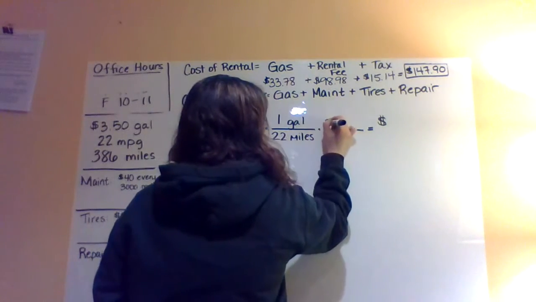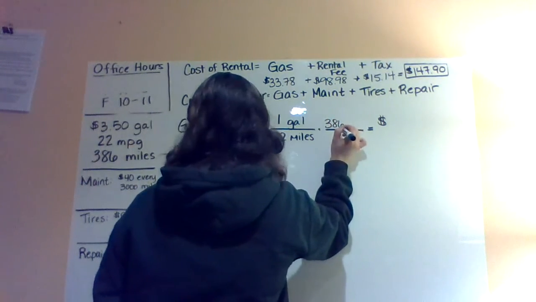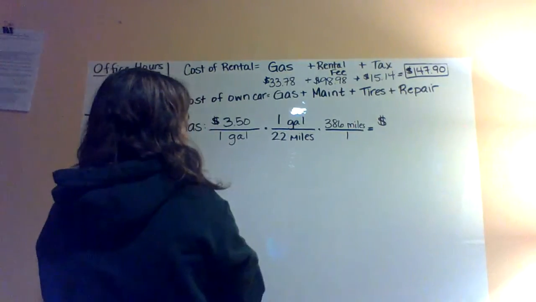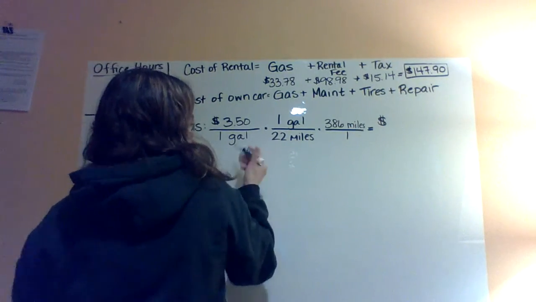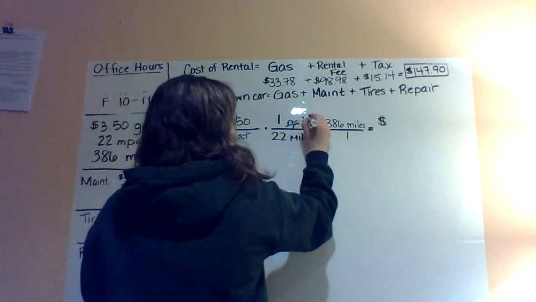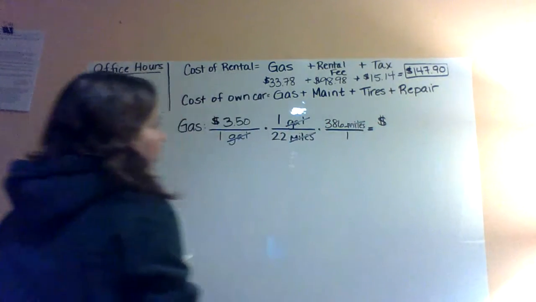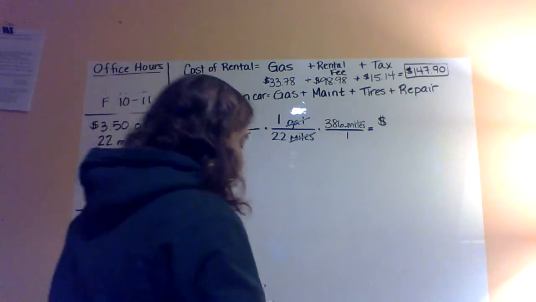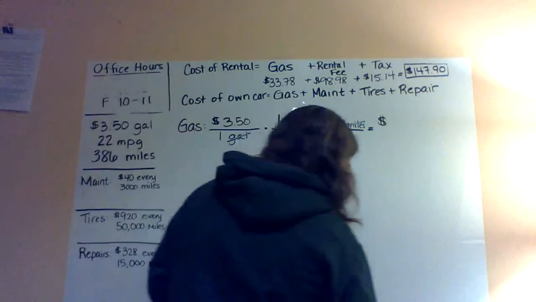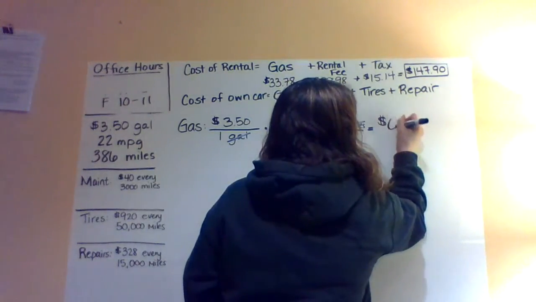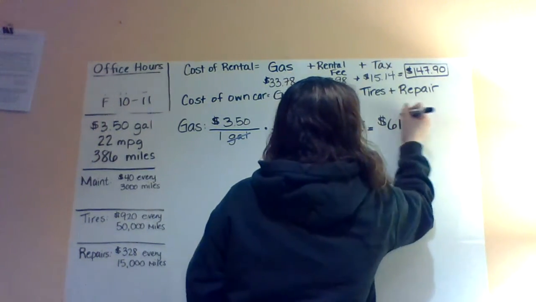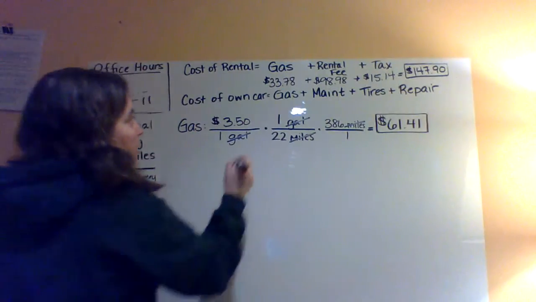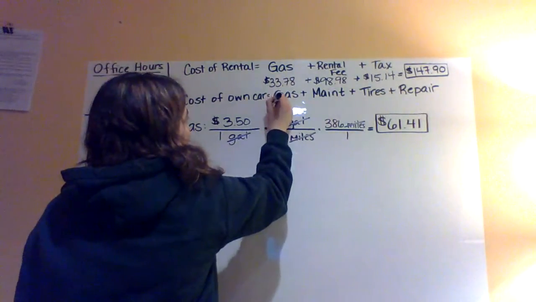And then over here I put 386 miles over 1. My gallons cancel out. My miles cancel out. I'm left with just dollars. When I multiply across the top and across the bottom and round to the nearest penny, I'm going to get $61.41. So that is my cost for gas.